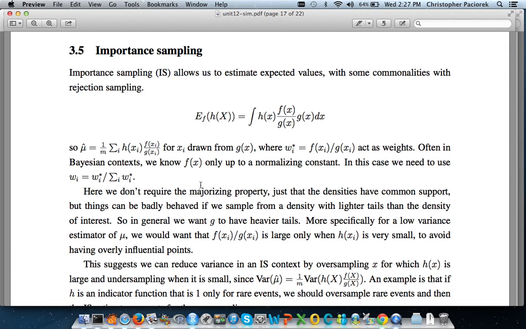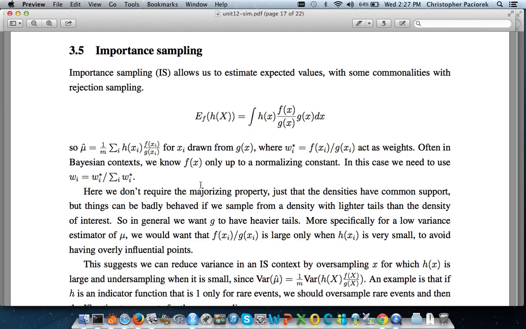In this case, since f has heavy tails, h is non-negligible for a larger part of the domain, and the weighting for that part of the x domain is large, and that contributes to this high variance.